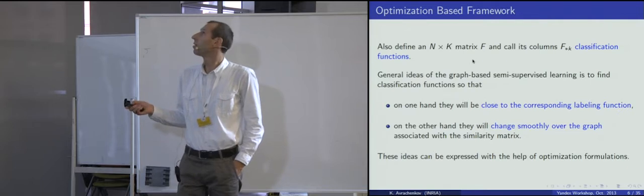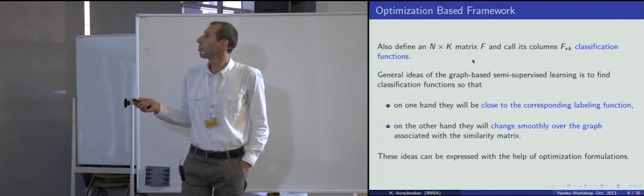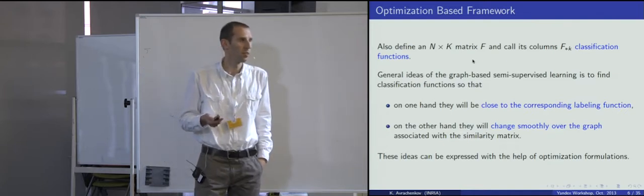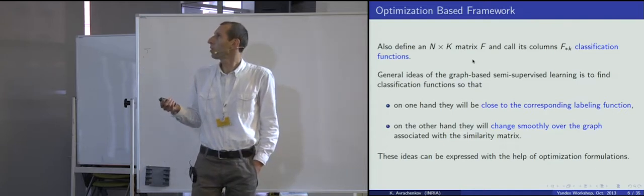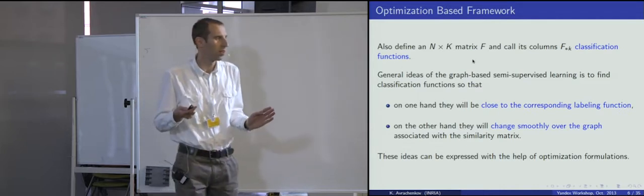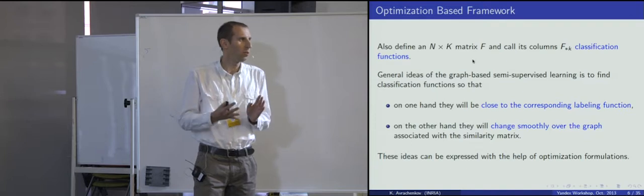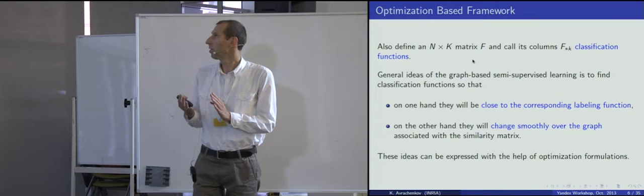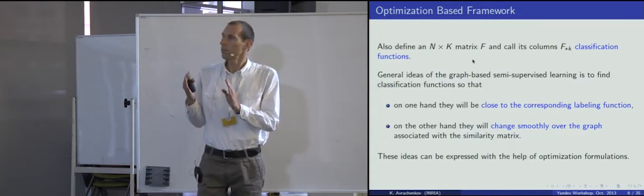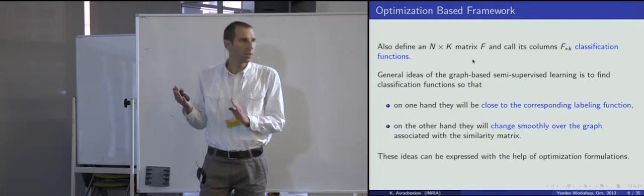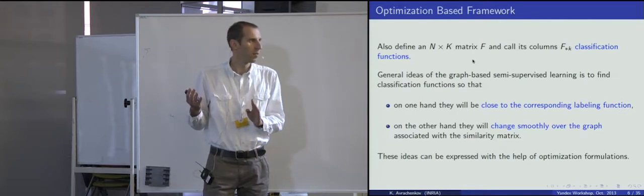So graph-based semi-supervised learning has two principal ideas. The first is that the classification function should be made as close to labeling functions as possible. And the second idea is that these classification functions should change smoothly over the graph.